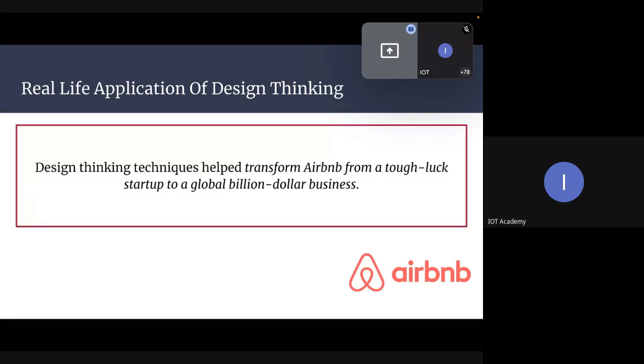What had happened was, in one of the cities, New York, there were a few listings which were subpar and they were not getting picked up by the customers. When I say listing, I mean the properties which are listed in the Airbnb app for customers to book. So the team decided to take help from design thinking.